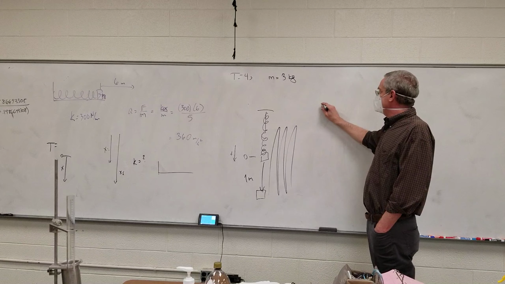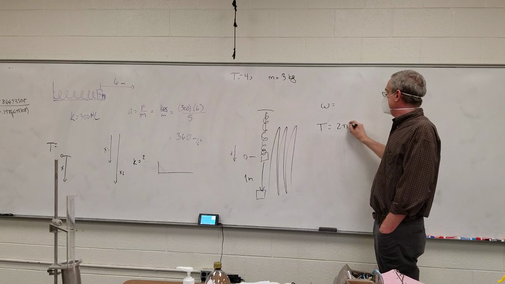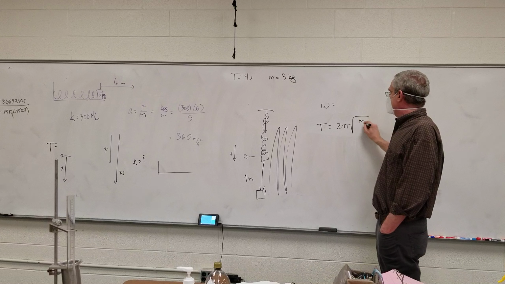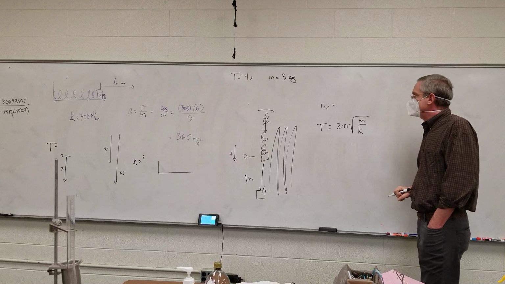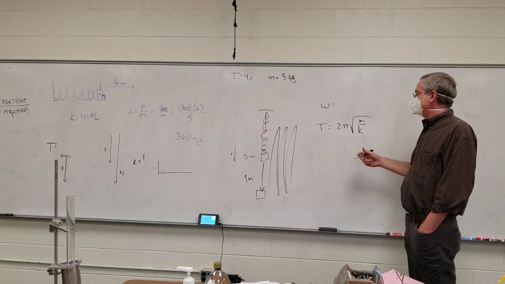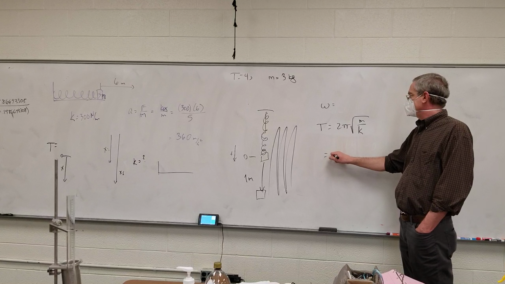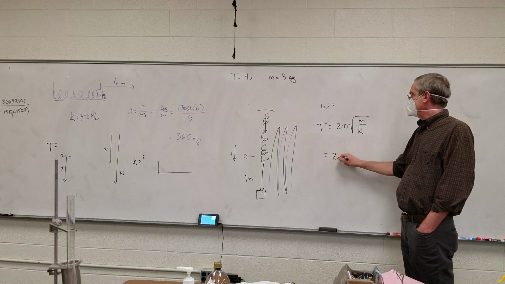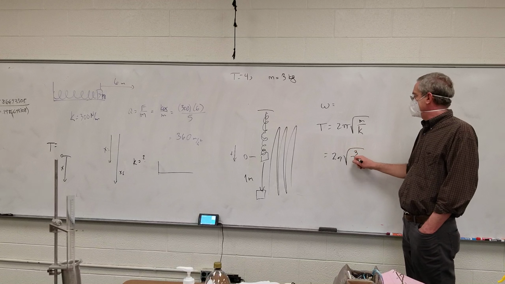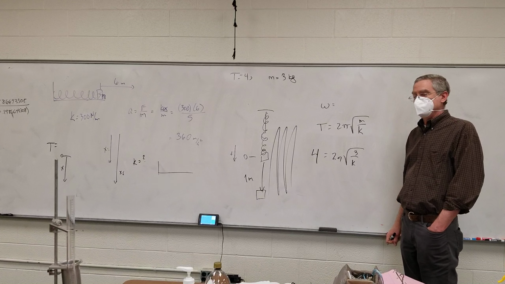All right, I need to know the angular frequency. I know that the period is 2 pi times the square root of m over k. There are shorter ways of doing it, but it's the way I'm doing it right now. So 2 pi times the square root of 3 over k is equal to 4. So you solve for k to get the spring constant.